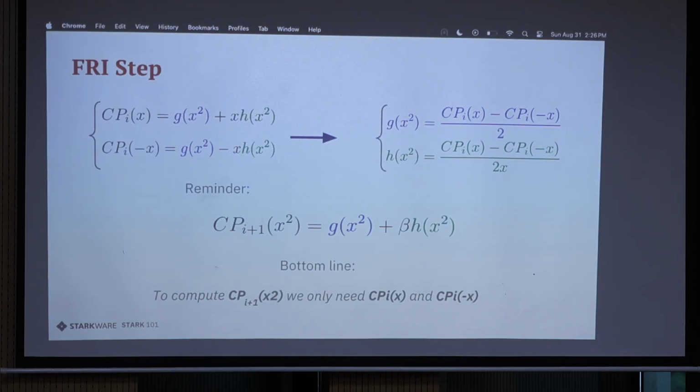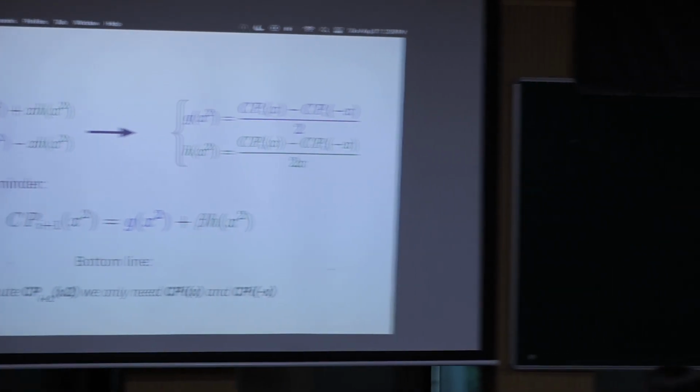So Cpi plus 1 of x squared, which was g of x squared plus beta h of x squared, can be represented in terms of Cpi of x and Cpi of minus x. So you can forget about the calculations, but essentially there is some function g that takes Cpi of x, Cpi of minus x, and x, and it returns Cpi plus 1 of x squared.